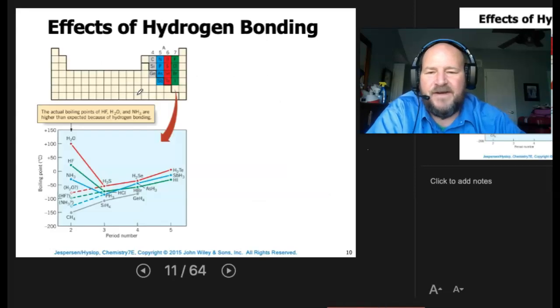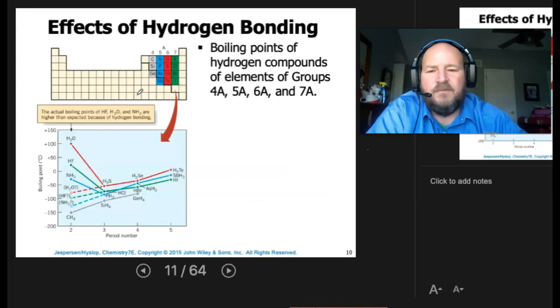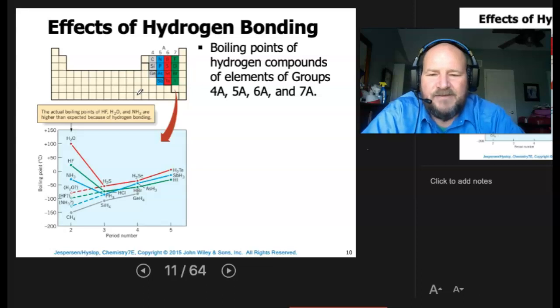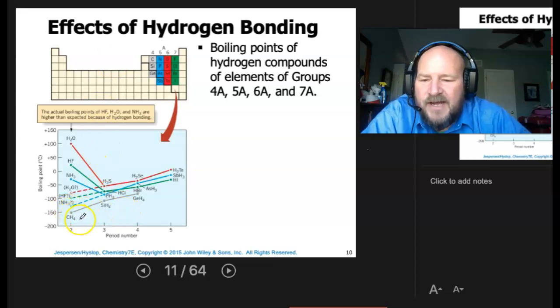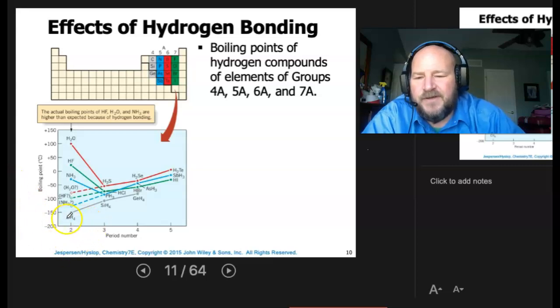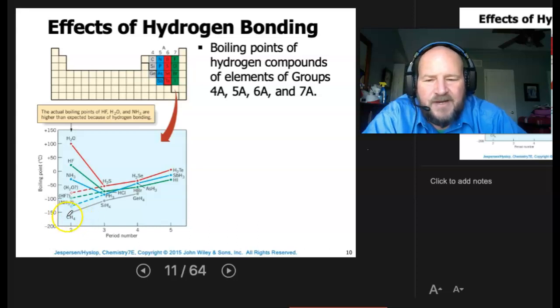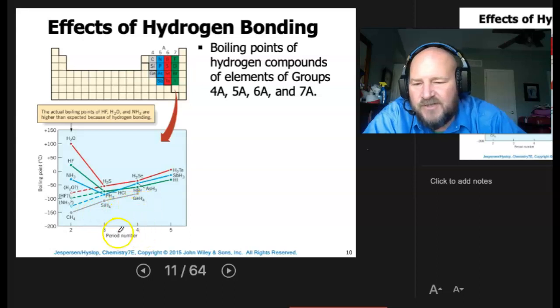Now, the effects of hydrogen bonding, for instance. Boiling points of hydrogen compounds of elements of groups 4A, 5A, 6A, and 7A. Here we're looking at different hydrogen bonding categories. If we look at just CH4, you can see it's down here. Even though it's got a high molecular weight, there's no hydrogen bonding going on in CH4, silicon tetrahydride, or germanium tetrahydride.